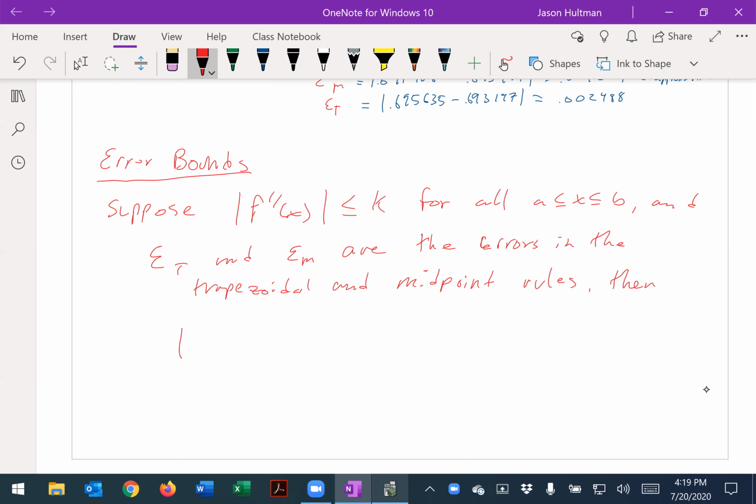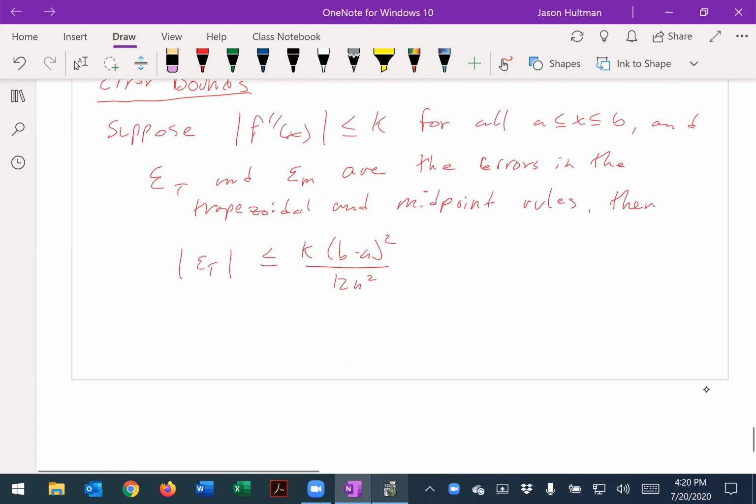Then the error for the trapezoidal rule is less than or equal to k times b minus a squared over 12n squared. For the midpoint rule, we can get an error bound of k times b minus a cubed over 24n squared.